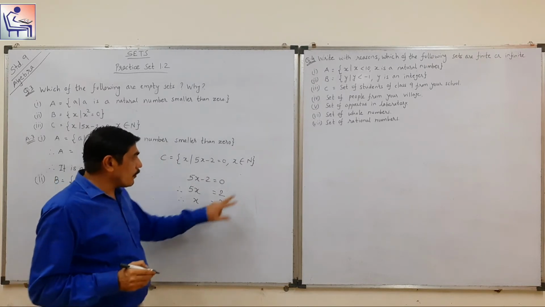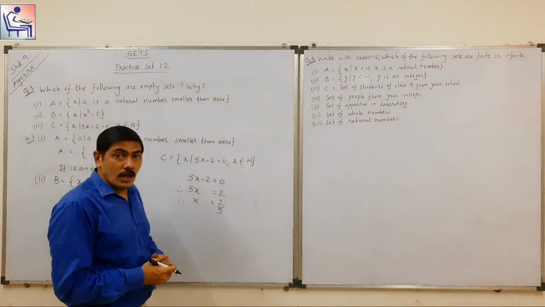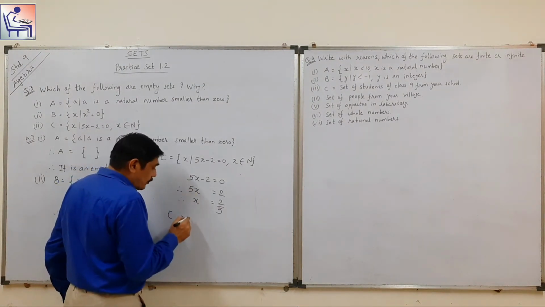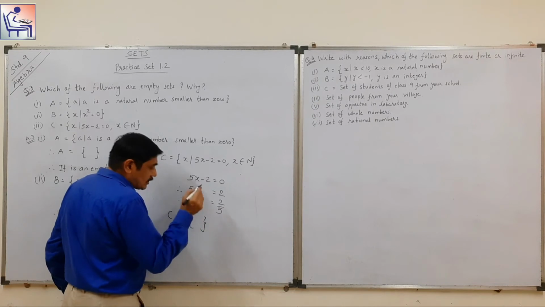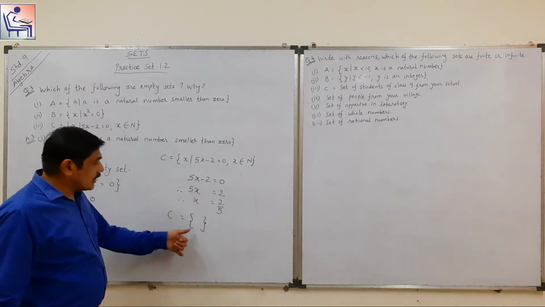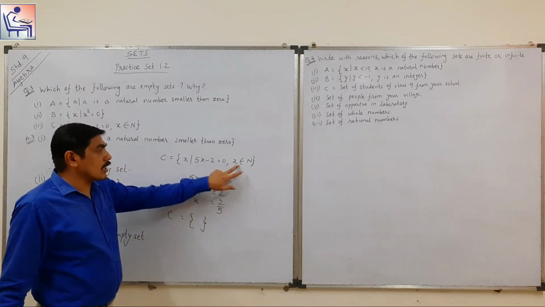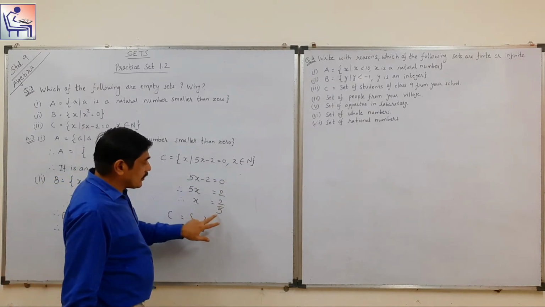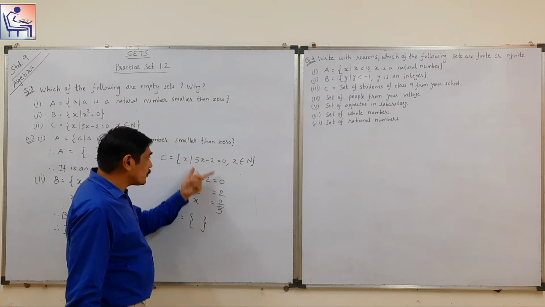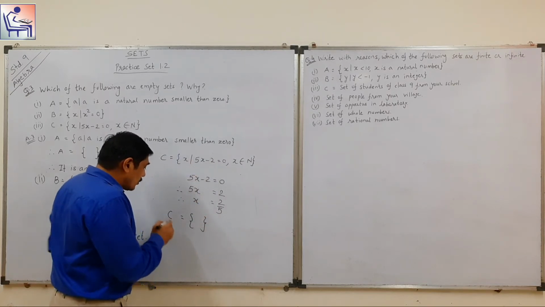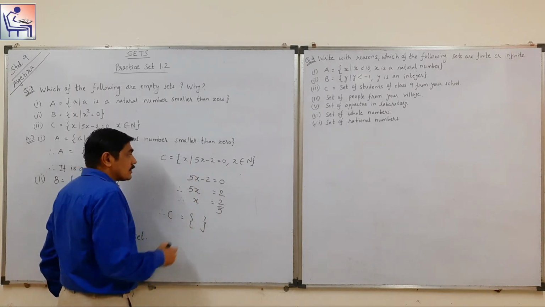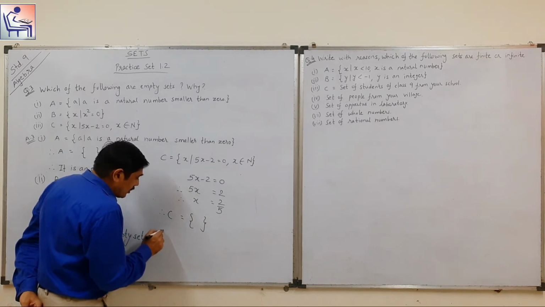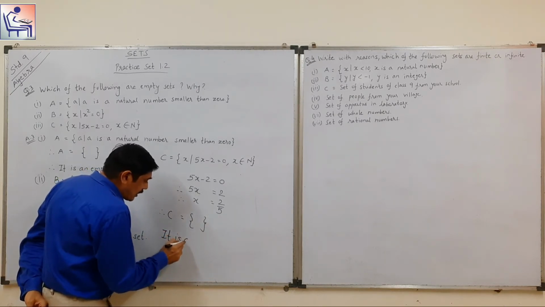Remember, 2 upon 5 is not a natural number, and that's why we say that C is an empty set. Here we have the condition that x is a natural number, and x is not a natural number when you solve this equation. So C is an empty set.